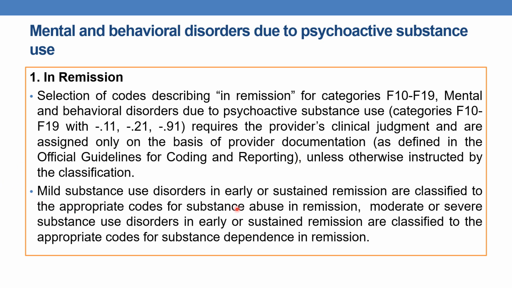Mild substance use disorders in early or sustained remission are classified to the appropriate codes for substance abuse in remission, and moderate or severe substance use disorders in early or sustained remission. If you see any of the categories in the tabular list from F10 to F19, you can find different codes for in remission, sustained remission, early or sustained remission, and there should be a clear documentation by the provider in order to code the specific code.